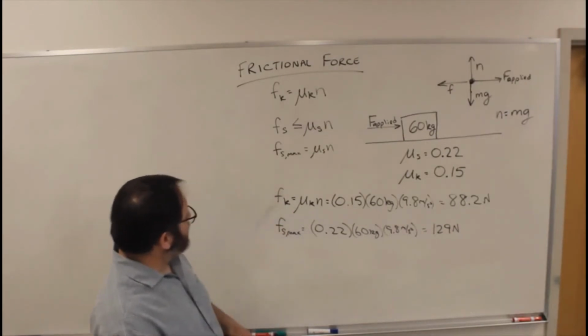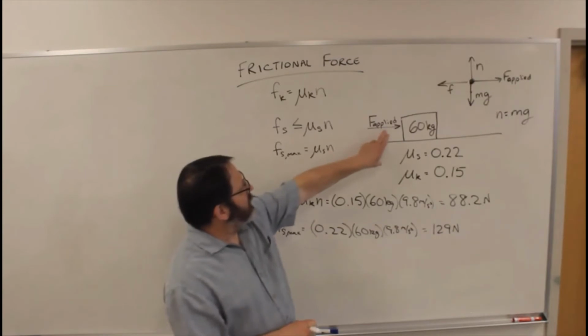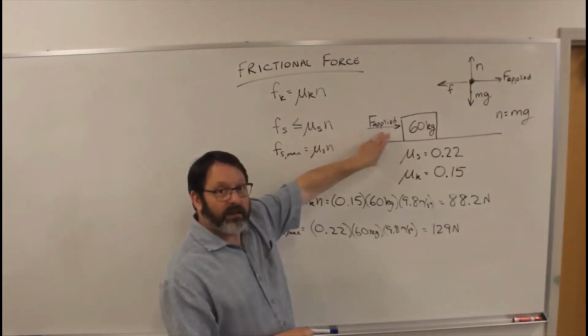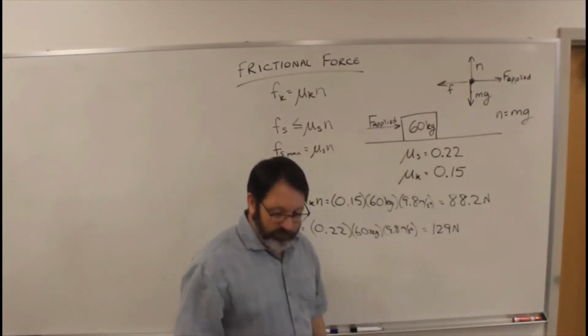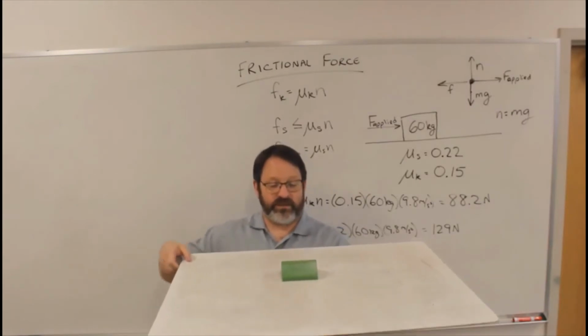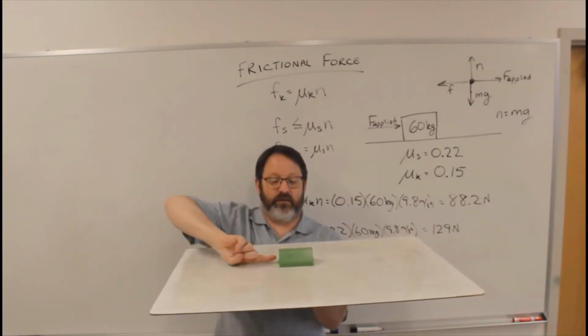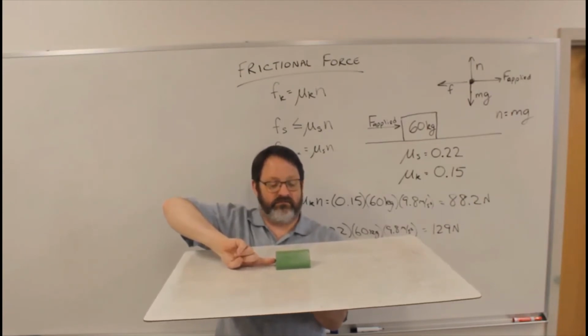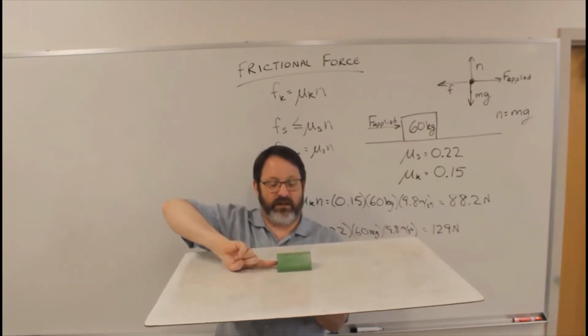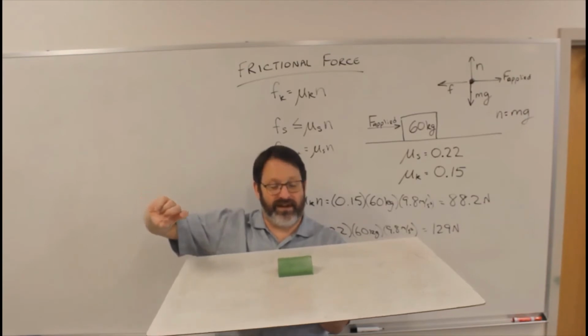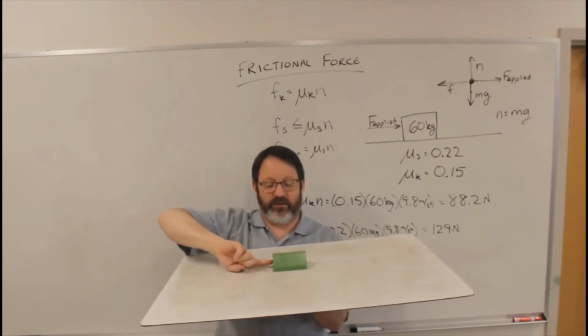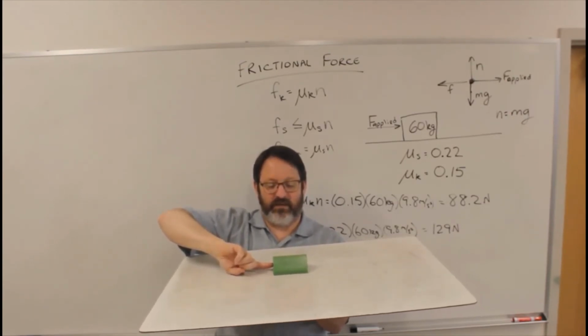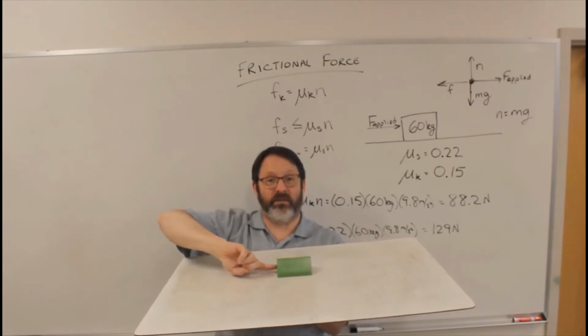So what does that mean? We've got an F applied here. So if I've got an object sitting on a surface and I apply a force to it, if I apply a very small amount of force, it's not moving. Right? If I apply no force, it's not moving. If I apply a small force, it's still not moving. As I apply more and more force, okay, now it starts to move.